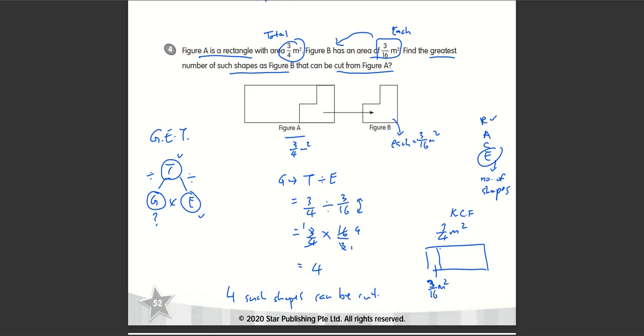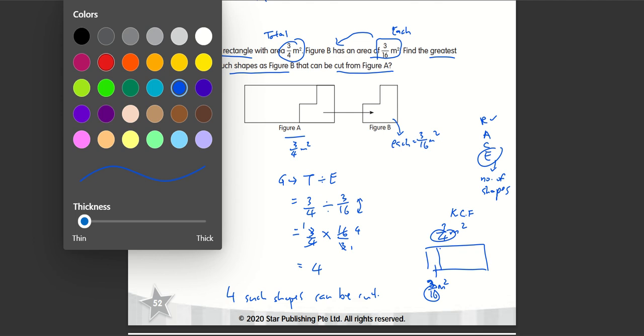Now, looking at the denominator here, you will realize that I can see the relation by chopping it up into smaller pieces, a greater number than the denominator of the quarter.